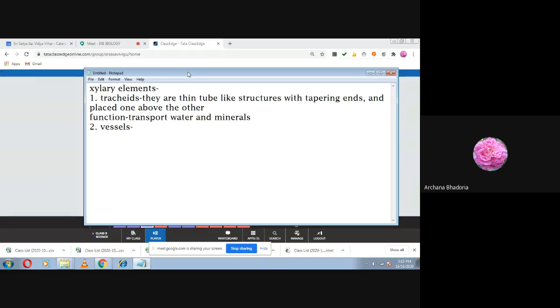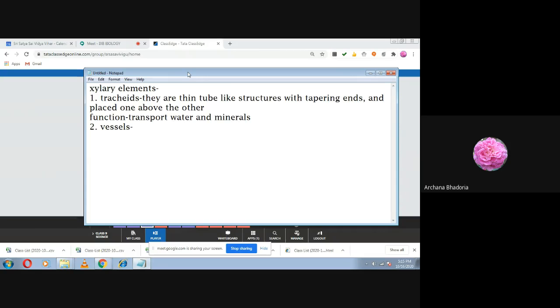Large in diameter, very good. Okay, what else are you seeing? They have perforations on them. Very good. Perforations, but not thickenings. Okay. Then apart from that, what else? They are long. Long. Okay.